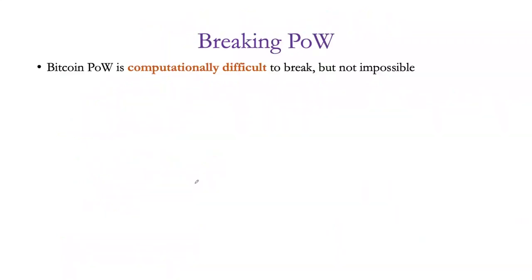Then breaking the proof of work is another concern. In Bitcoin, proof of work is computationally difficult, right? That is the mining process to break, but not impossible.